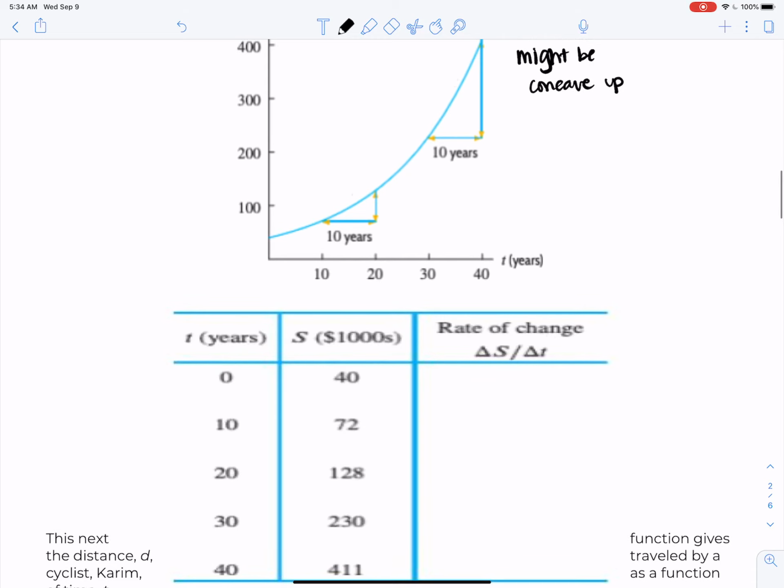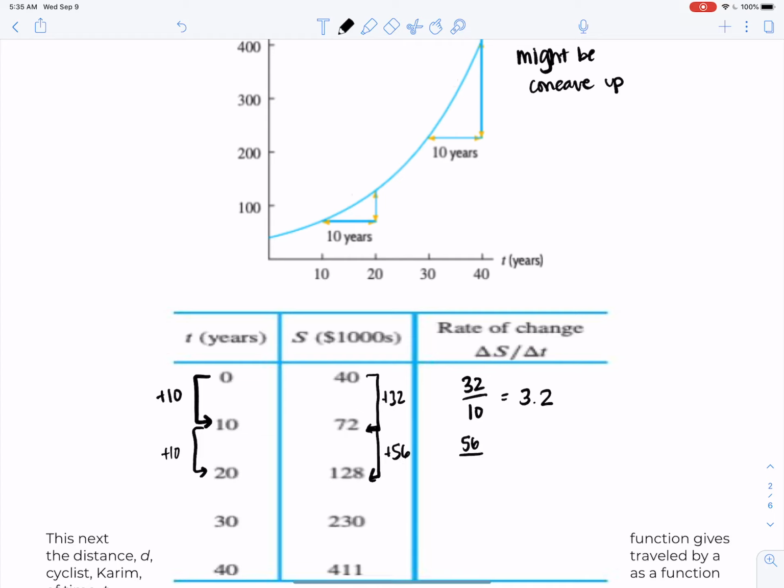And so at the bottom here, I see there's a place for me to write the rate of change, and I can say, oh, as this changes by 10, this originally changes by 32. So our rate of change is 32 over 10, which is 3.2. But then the next 10 years, plus 10, this changes by 56.